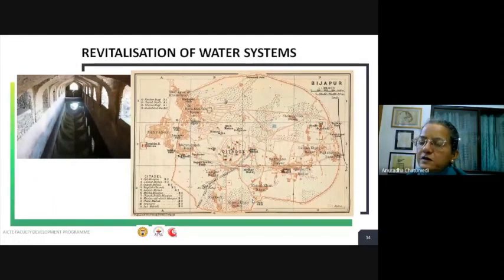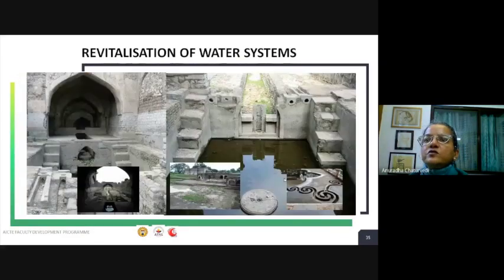So these are historic infrastructure which can again be linked with the sustainable development goals and which will help to ensure the supply of clean water and better sanitation. On the left side, you can see one of the traditional reservoirs which are still functioning and which could be improved and integrated into the infrastructure of the city of today.